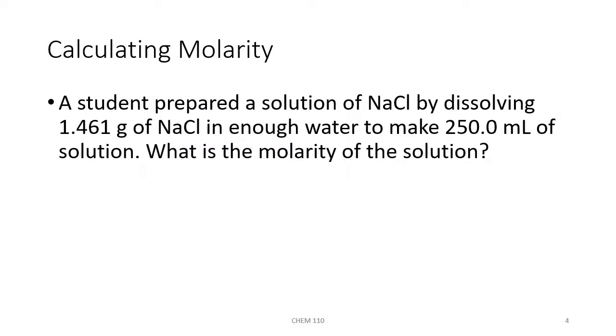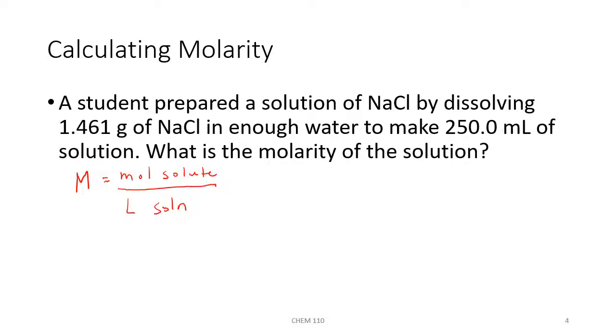Let's use our new definition of molarity to practice calculating it. A student prepared a solution of sodium chloride by dissolving 1.461 grams of NaCl in enough water to make 250 milliliters of solution. What is the molarity of the solution? We just learned that molarity was defined as the moles of solute per liter of solution.